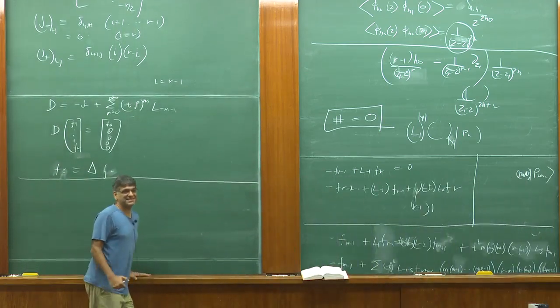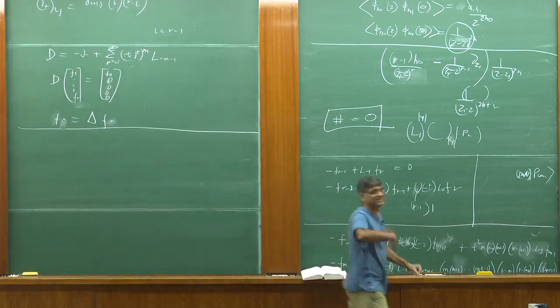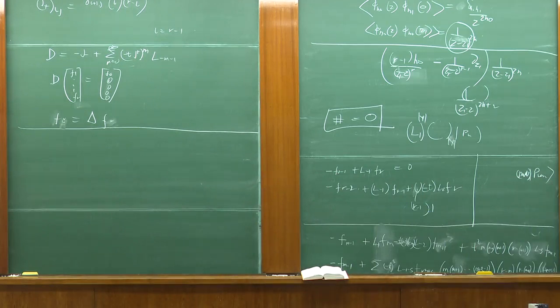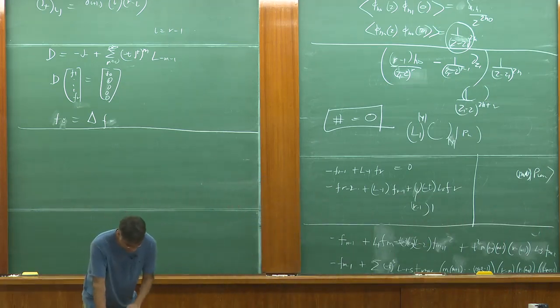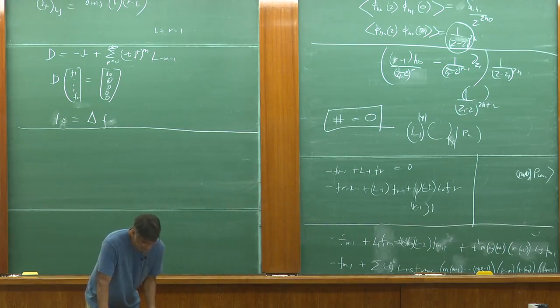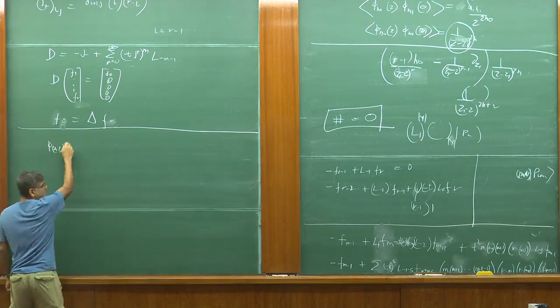Now as the next exercise, what we're going to do is to try to use the structure of this differential equation to work out the 4-point functions in the Ising model. We're going to work out the 4-point function for any 4-point function that involves the first non-trivial operator phi 2,1.